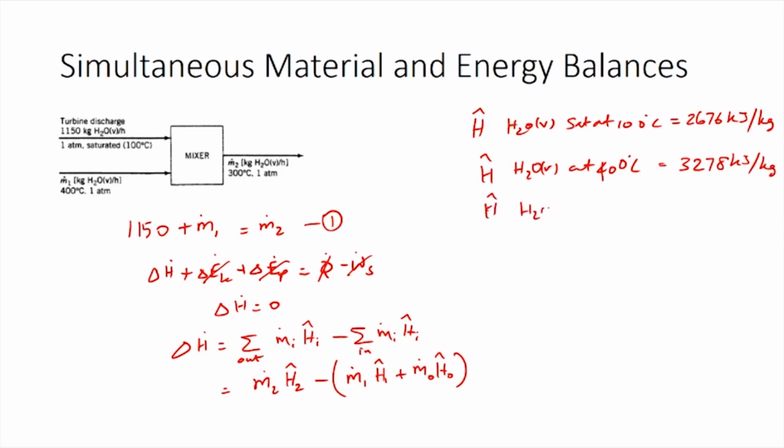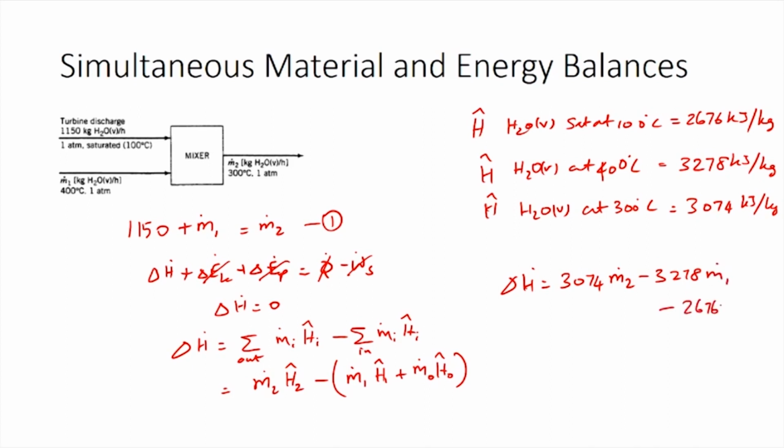The specific enthalpy of water vapor which is superheated at 300 degrees Celsius is 3074 kilojoules per kilogram. Substituting these values here, we get delta H dot equals 3074 times m2 dot minus 3278 m1 dot minus 2676 times 1150.